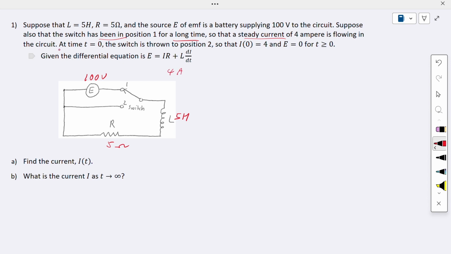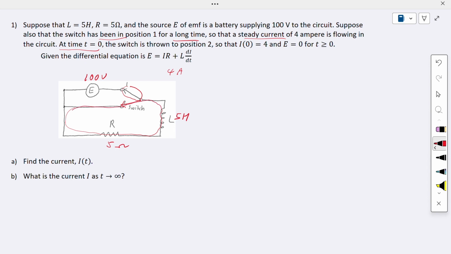And then at time t equal to 0, we're going to switch this one to position number 2. So that means the current is going to flow from here, in these directions.